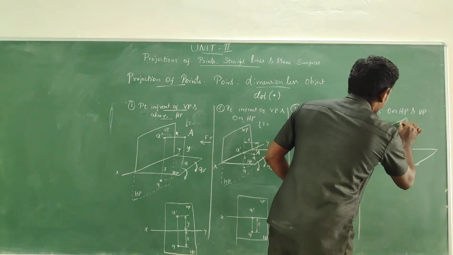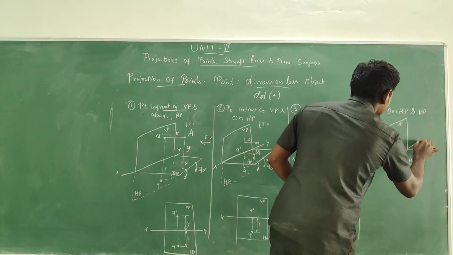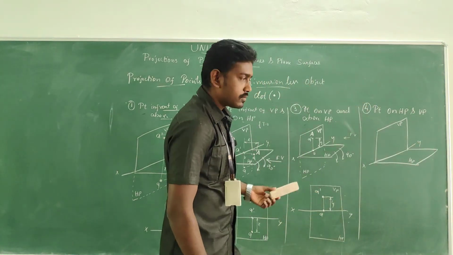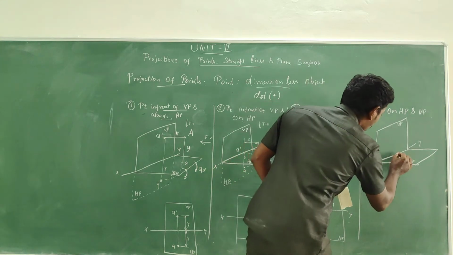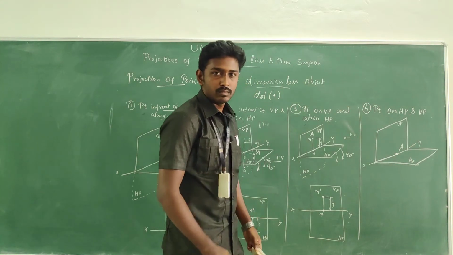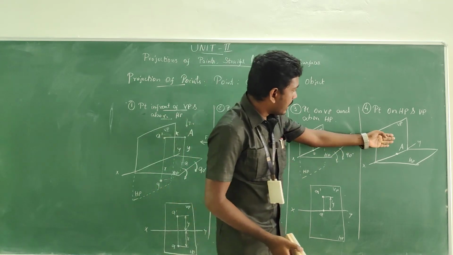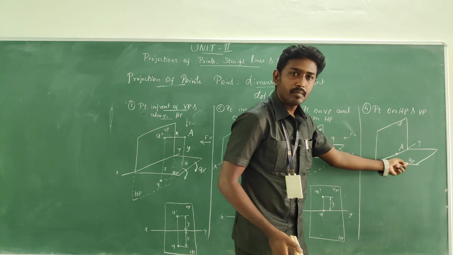So this is your VP and this is your HP. This is a reference H and this is a Y. As per this condition, I can place the point A on the reference line. Why? Because it is on VP as well as on HP.